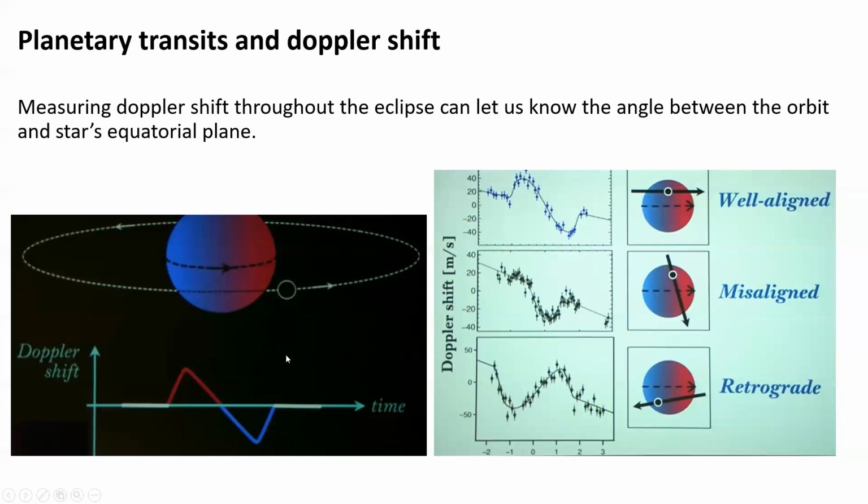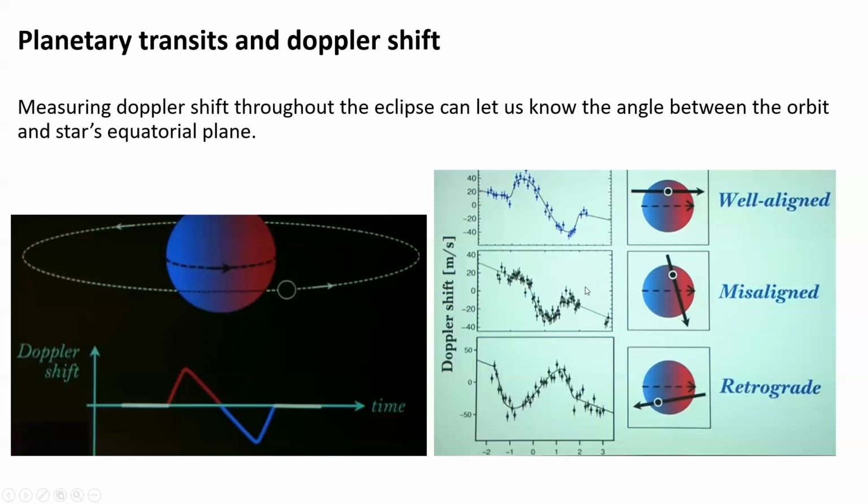So by these Doppler shifts, we can know about the angle between the orbit of the planet and the star's equatorial plane. So if we have a shift like this, it will be a well-aligned planet in its orbit, and the transit will be radial, like this in this case. If we have this kind of Doppler shift, then it will be somewhat misaligned.